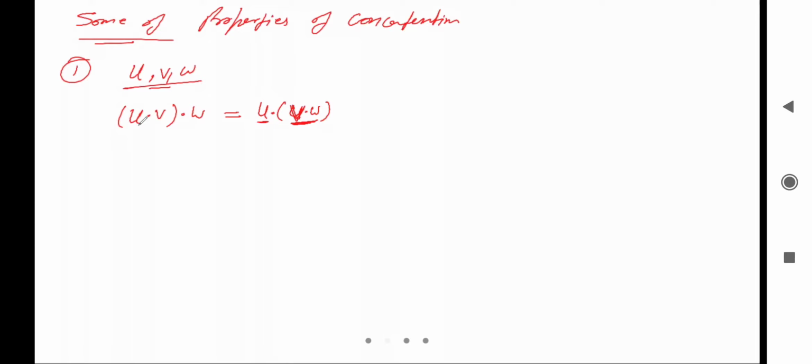It means that concatenation satisfies the property of associativity, so it is holding the associative property.